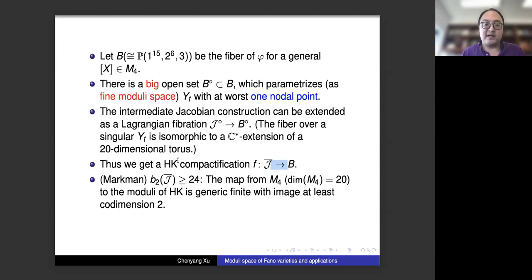So to get this equality, you need two things. You need that the terminal Q-factorial variety you construct really has Picard number 2. So in other words, you actually have to get, along the codimension 1 points, a proper compactification such that over the codimension 1 points, the fibers are irreducible.